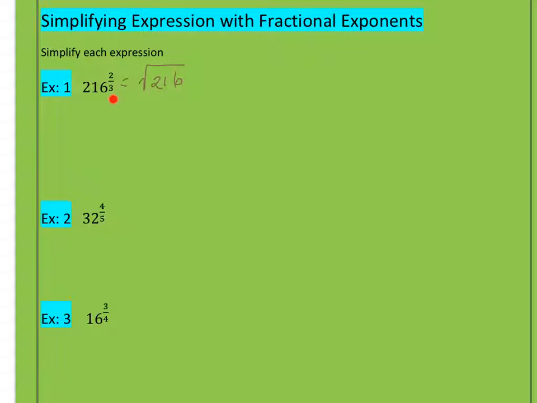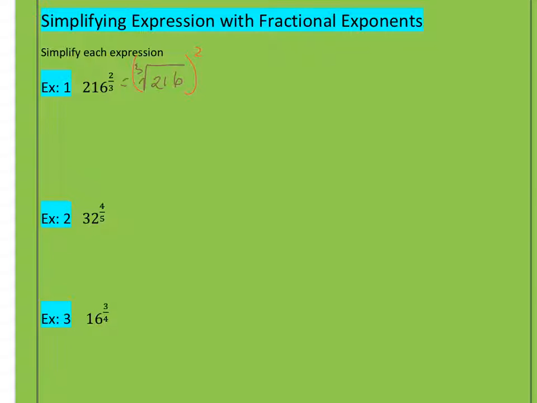The 3 here means we're taking the cube root. So we've got the cube root of 216. And then the 2 in the numerator means we're going to take the whole entire thing and square it. If you don't want to do that, then you could just put the 2 here and square 216. I'm choosing not to do that because it's going to make 216 a really large number.